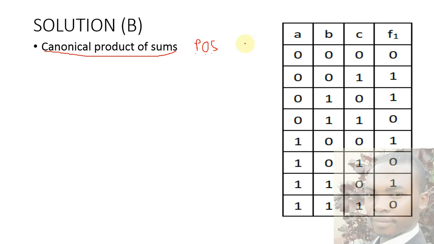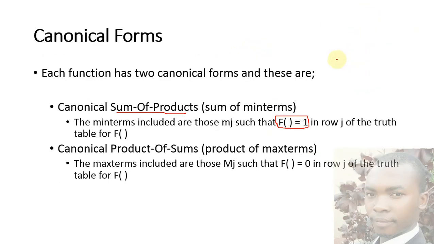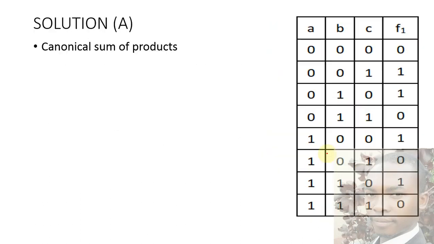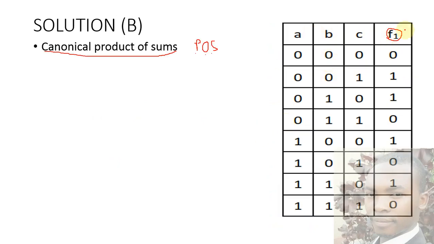Now we look for where this F1 is 0. According to this definition here in product of maxterms, and product of sums, we look for where this thing is 0. So let's go down and look for where this thing is 0.